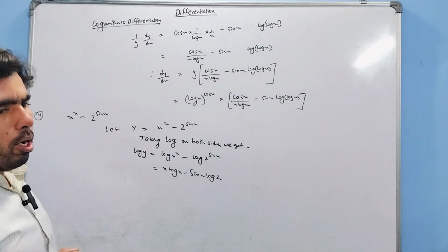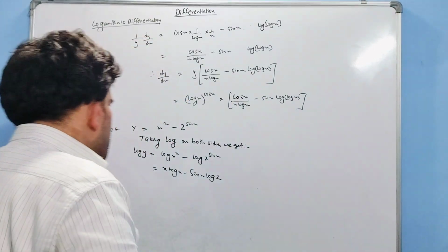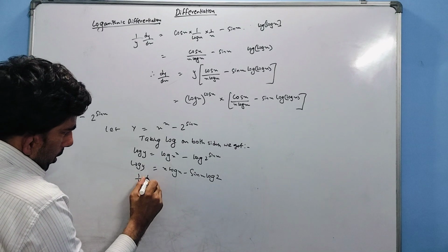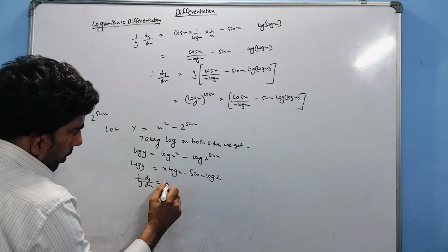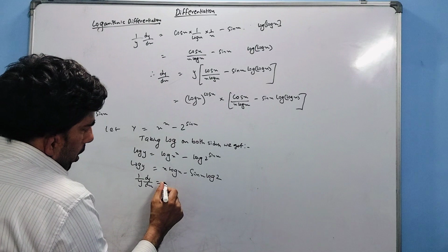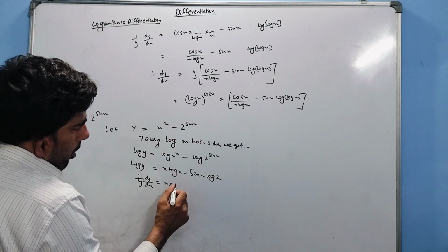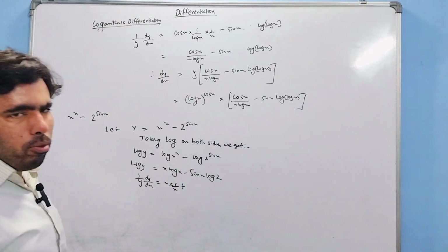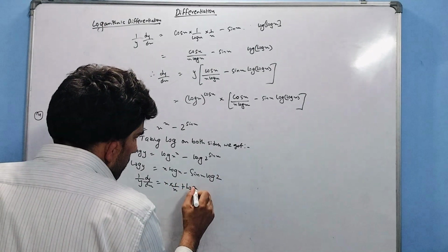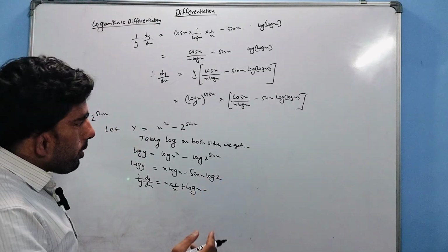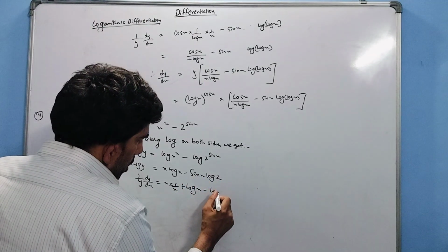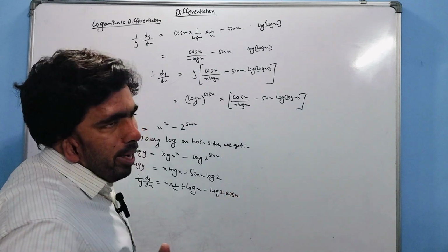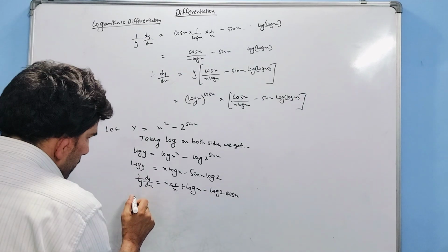We know the differentiation of log x will be 1 upon x. So we have 1 upon y dy upon dx is equal to, we'll use the product rule: x into differentiation of log x will be 1 upon x plus log x into differentiation of x will be 1. So we have log x minus, we know log 2 is constant, we'll differentiate it. So we got log of 2 cos x. Differentiation of sin x will be cos x. So what do we have here?